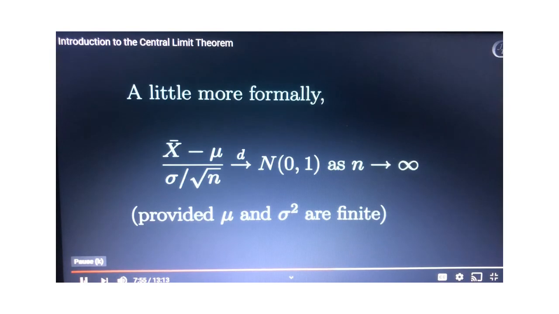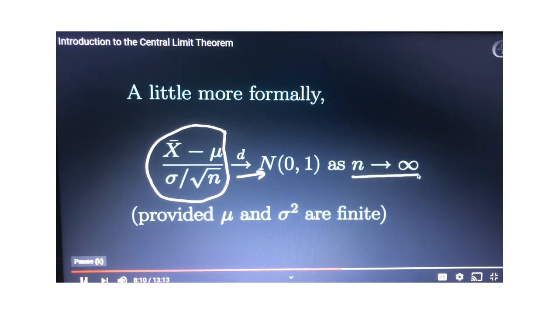A little more formally, the central limit theorem tells us that our usual z-score involving the sample mean tends in distribution to the standard normal distribution as the sample size tends to infinity.